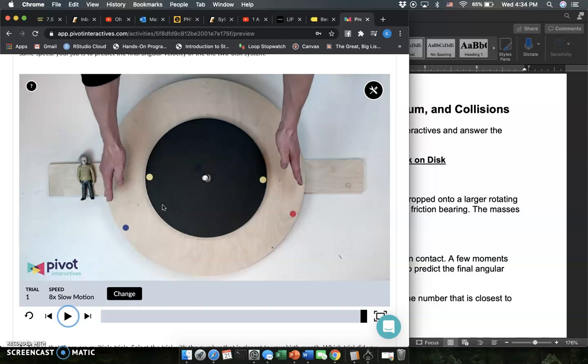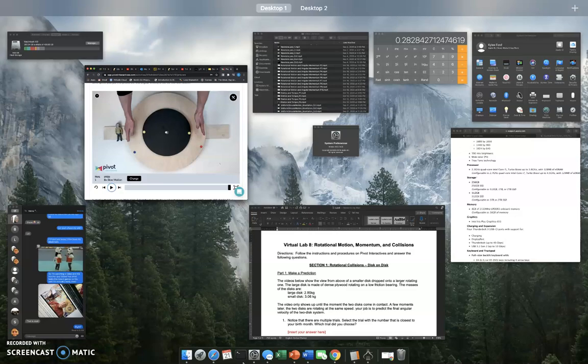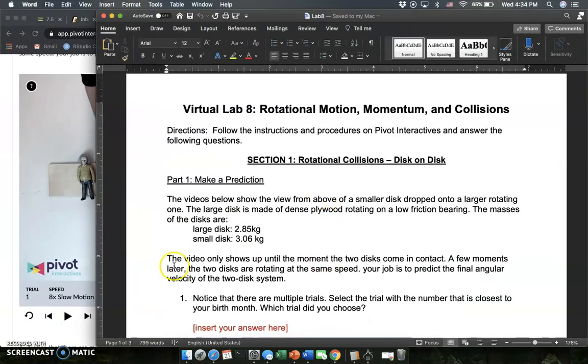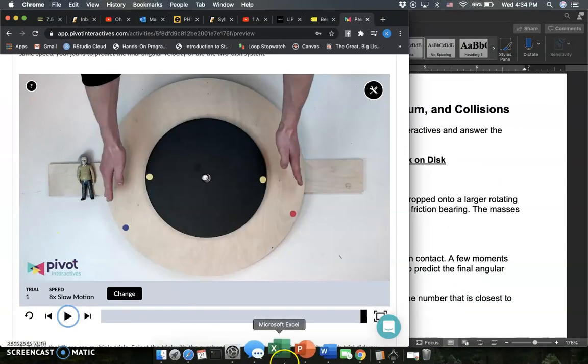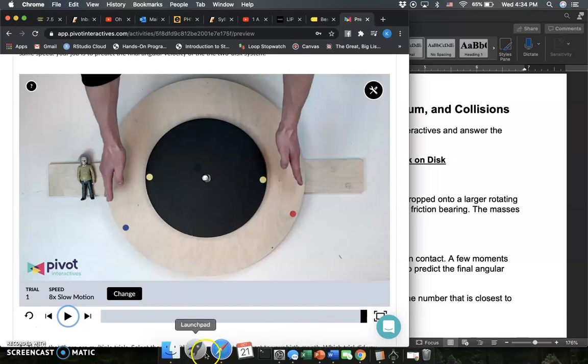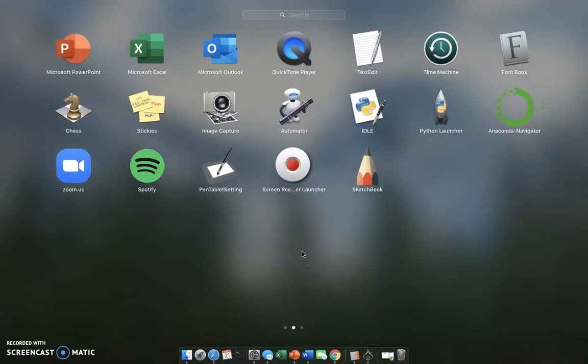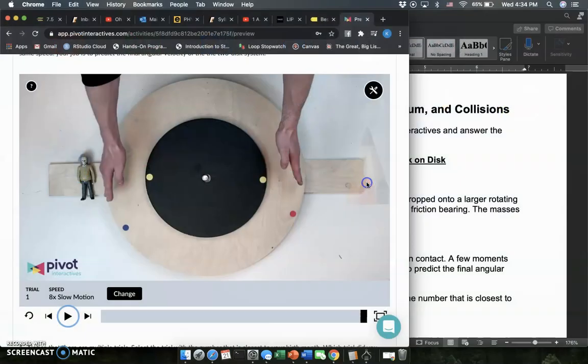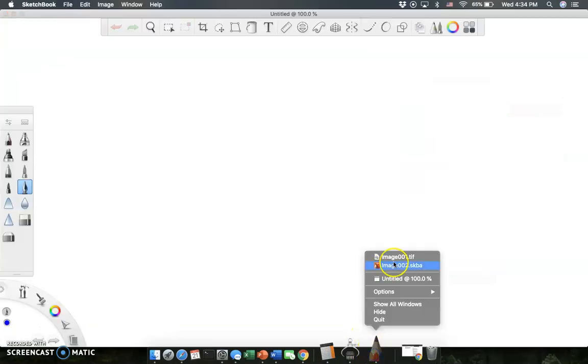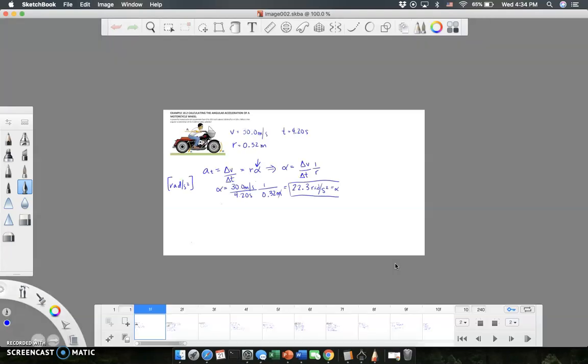Okay, so if you remember our PowerPoint, we talked about collisions a little bit. Let me see if I can find my pages here. My sketchbook. I think it was here that we were looking at collisions.